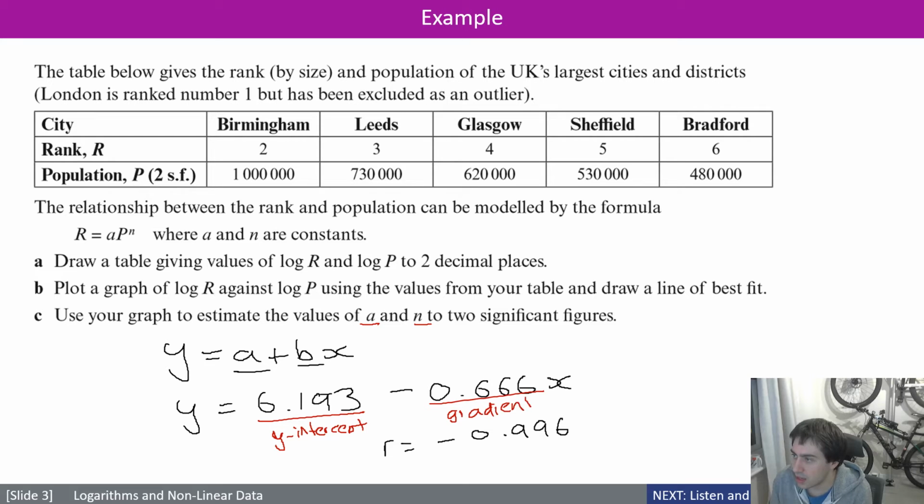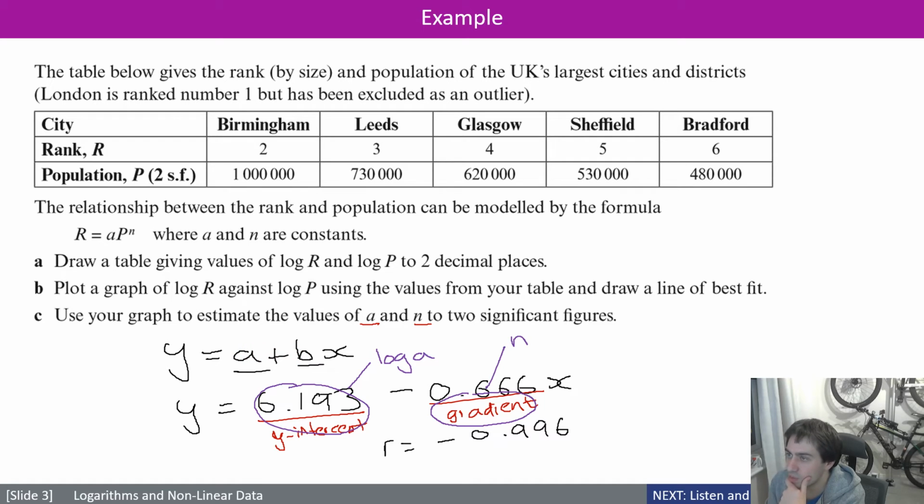Okay, and you could rederive it, but if you go back to the meaning of each of these things, we had it in the table that the gradient corresponds to the n and the y-intercept corresponds to the log of little a, right? And again, don't get confused, this purple a is not the same as this black a over here, right? They're different a's. It's just unfortunate that the calculator uses a plus bx.